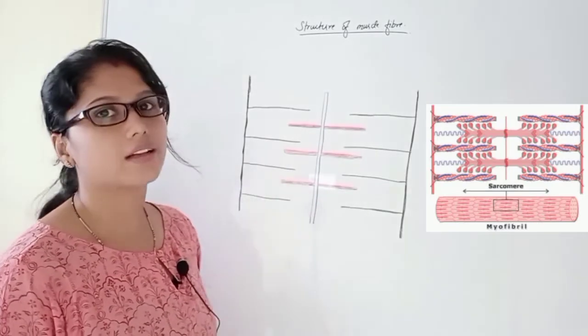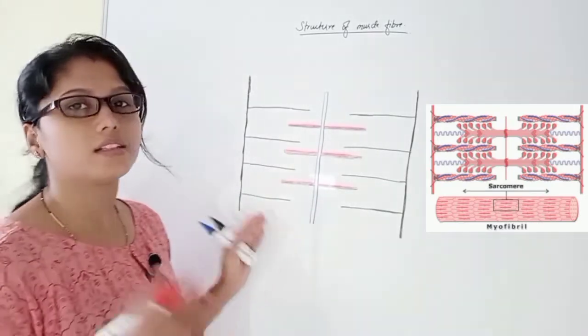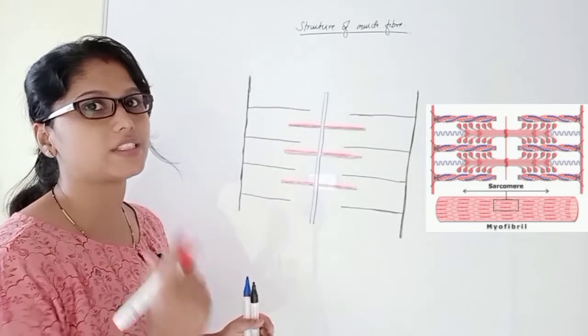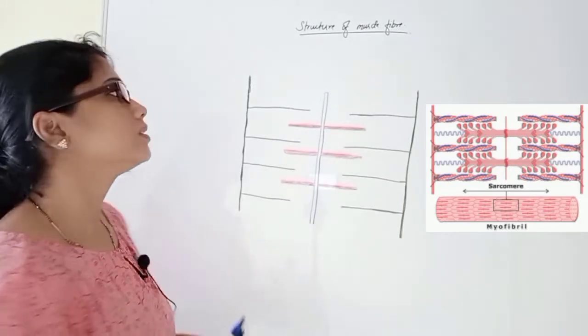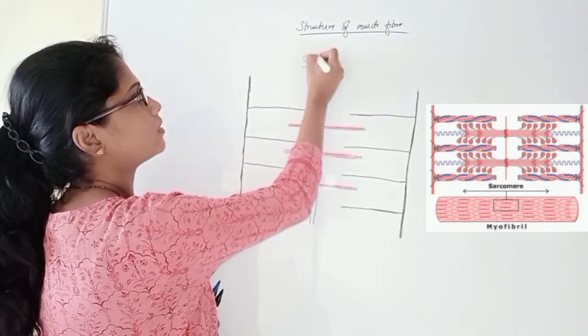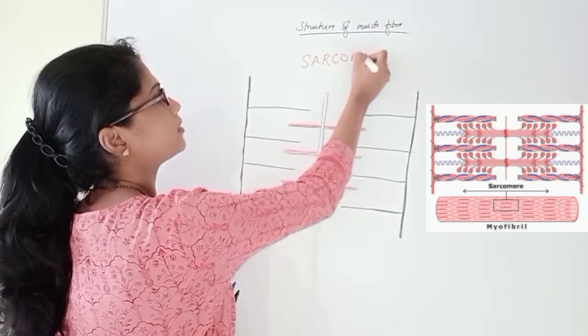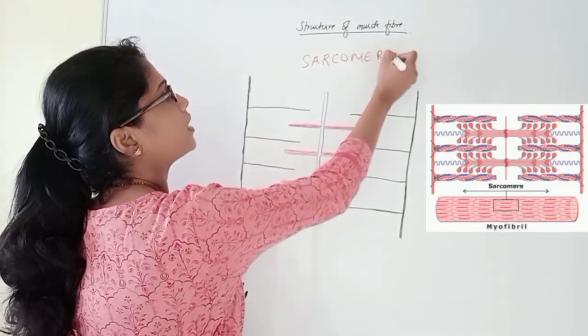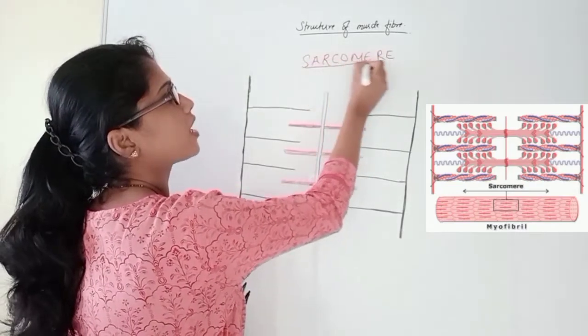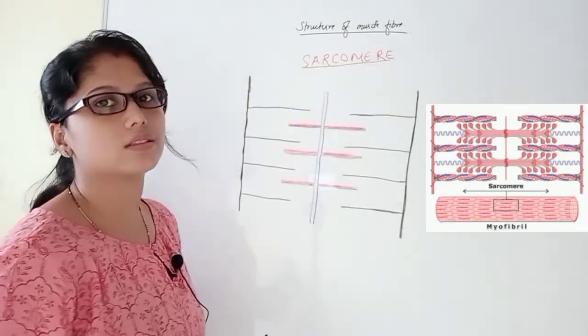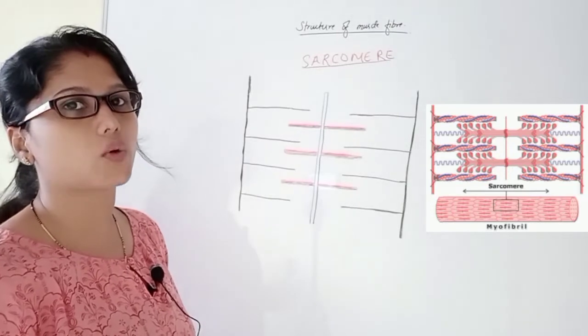The structure between the two Z lines is called the sarcomere, and it is the contractile unit of the muscle that helps in muscle contraction.